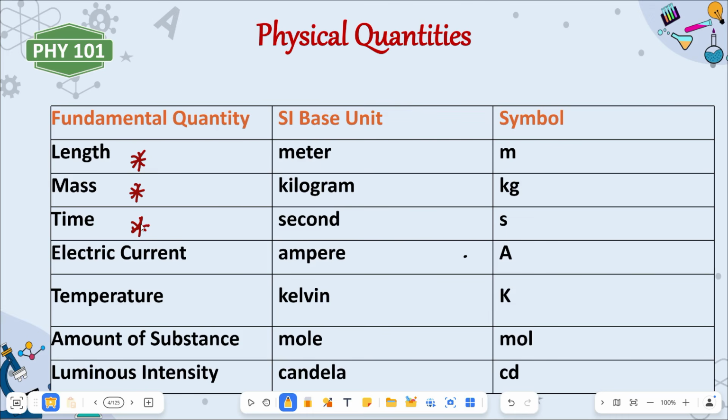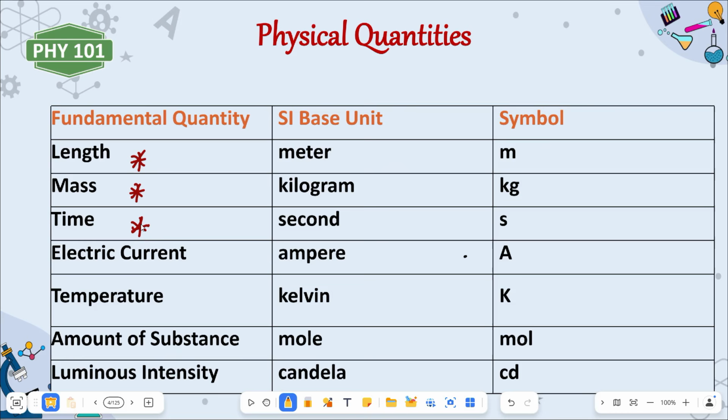Even though all of them are basic building blocks, there are some that most other quantities depend on more than the others.